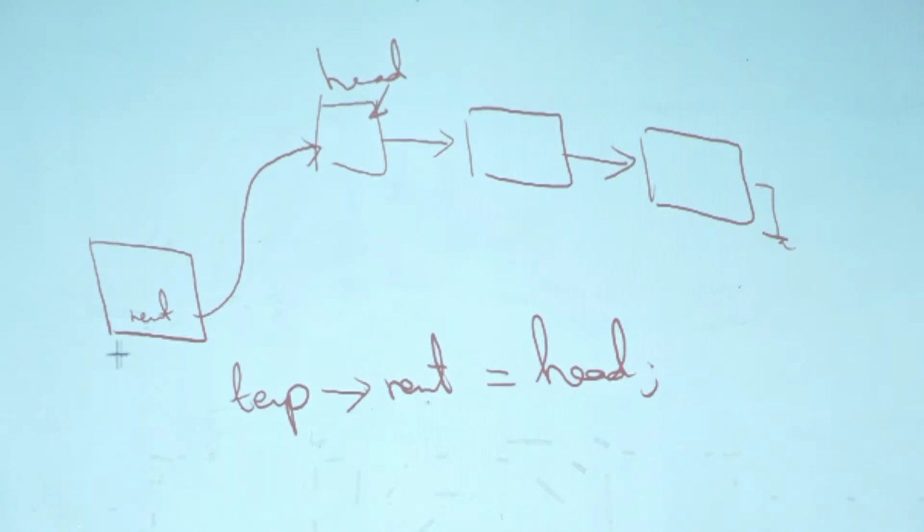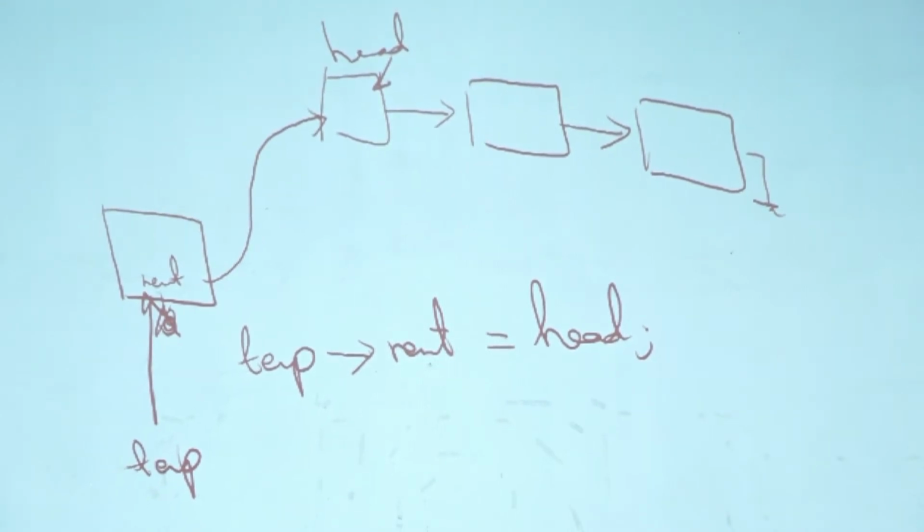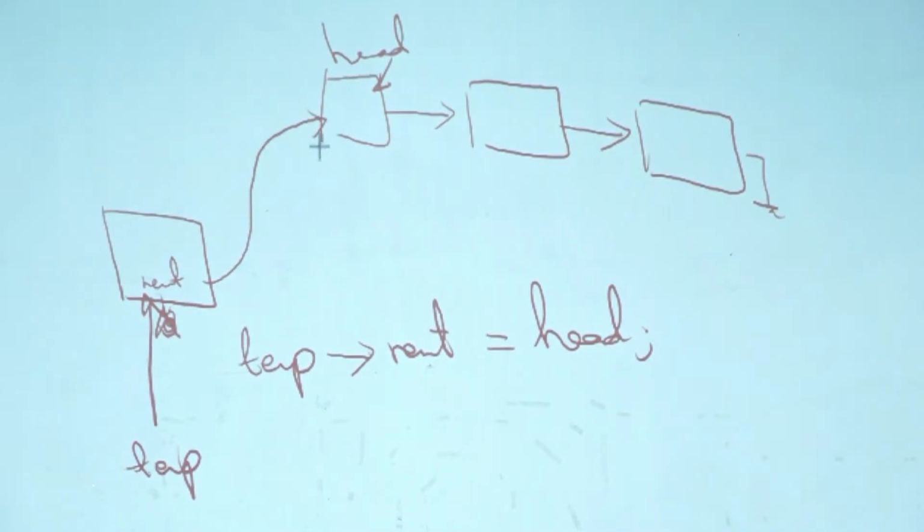Temp points to this node. So temp's next equal to head. I have to do that to get this guy ahead of the old head. He's there, and I am now connecting my next to him.